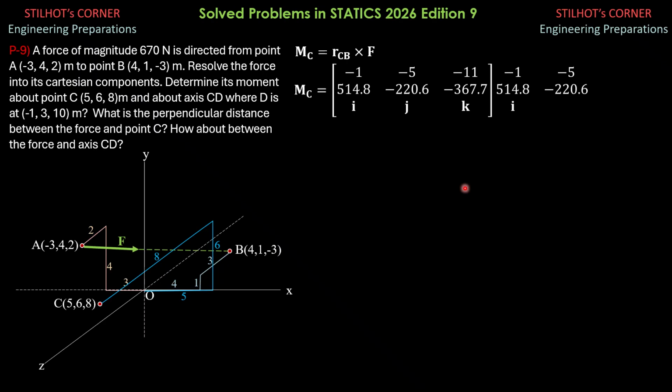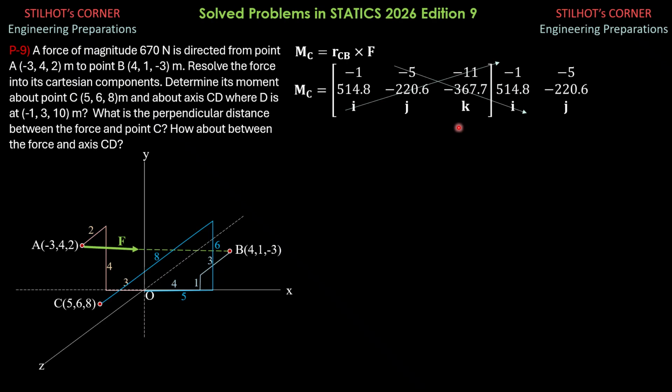So for i, which is this, 5 times 367.7 positive, then minus this negative value 220.6 times 11. And we'll get the result.